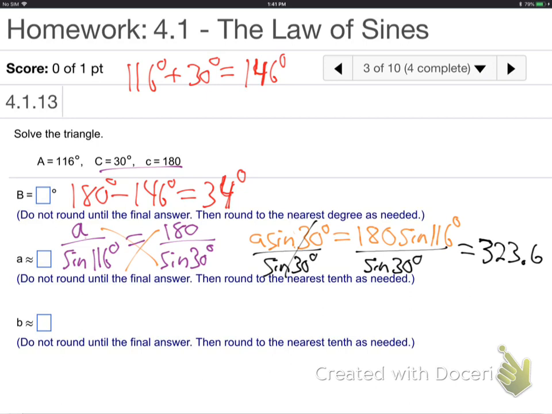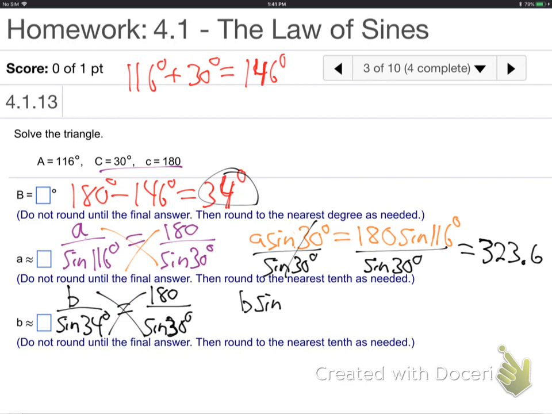And then we can do B the same way. I'll just whip out B real quick. So B the same way, you'd go B over the sine of, what is B? Oh, B is 34, huh? B over the sine of 34 is C. I'll go back to C again, 180 over the sine of 30. Like that. Diagonal, diagonal, cross multiplies.